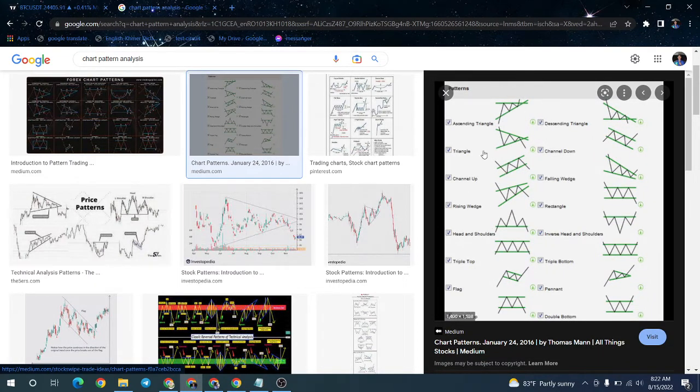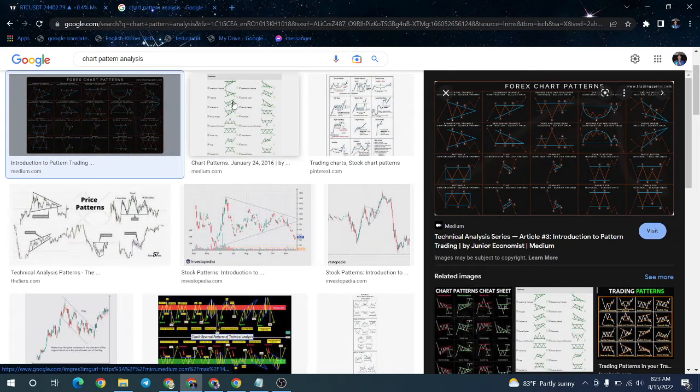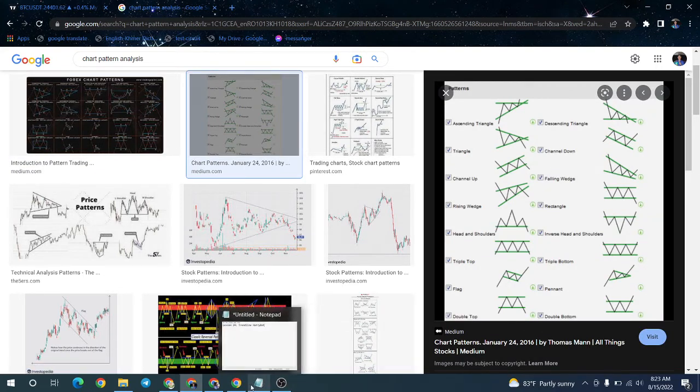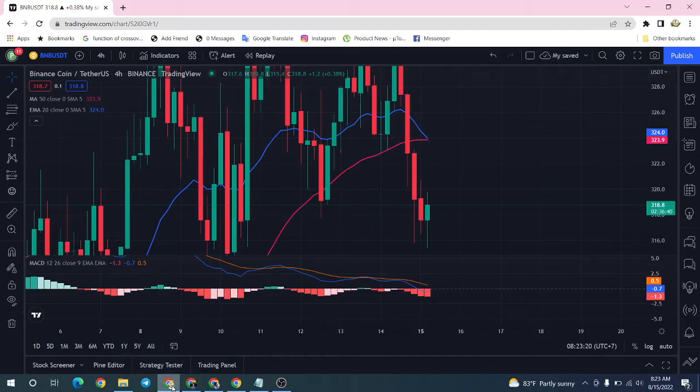We break the triangle from up like this. Break the support from up in uptrend and break the support. Yes, you can look at all of this: head and shoulders, triangle, top, flag, many are here. This is forex. Yes. Okay, so that's the benefit of Trendline HarryBot. It can help us to draw the chart pattern for us.